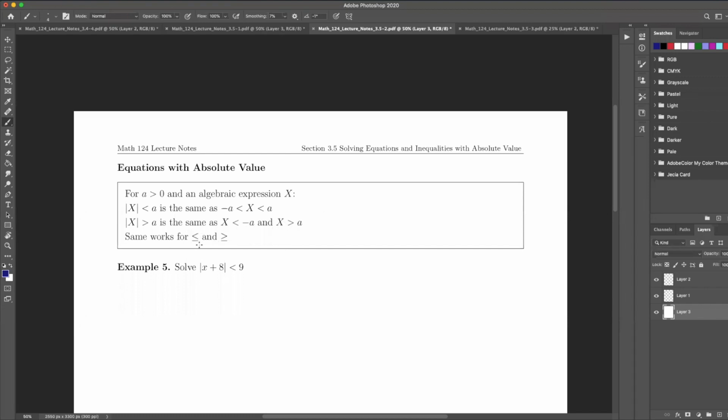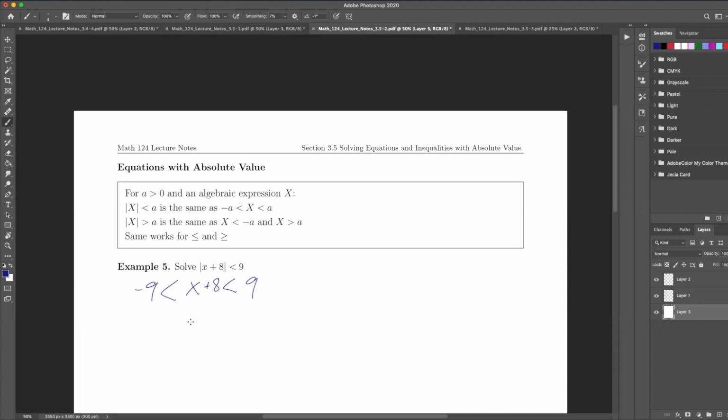The same thing goes for less than or equal to. So you just match it up here. So here we have x plus 8 is less than 9, and so we have this situation here. So we're going to put negative 9 here and 9 here. And then we just solve the inequality.